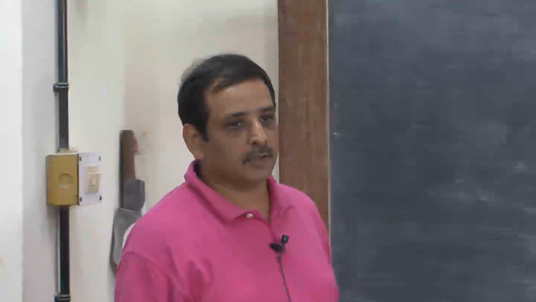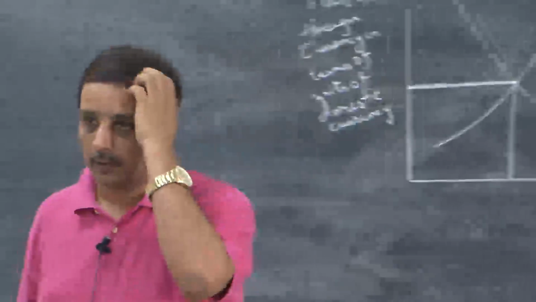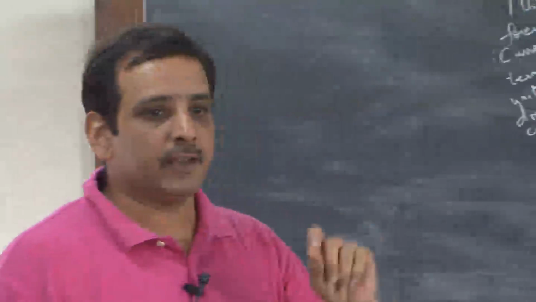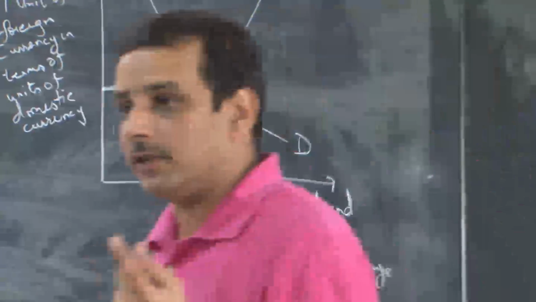Now, a fixed exchange rate system has its own problem. You have your common currency, it's managed by a common central bank for all the countries. So you lose monetary independence.